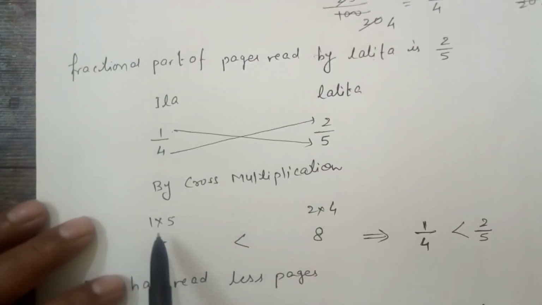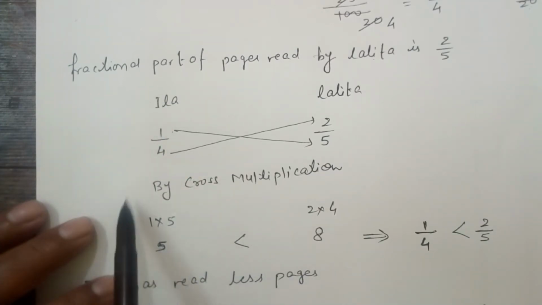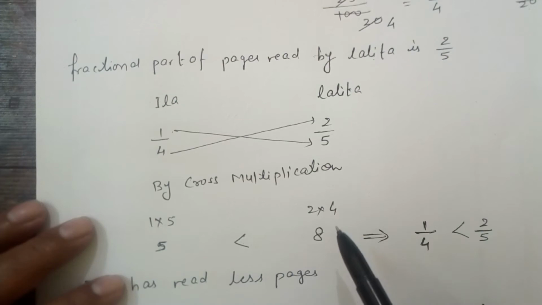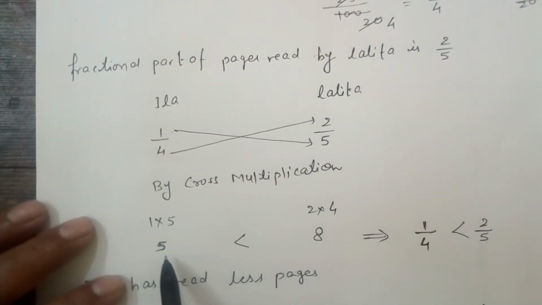After cross multiplication, 1 five is 5 and 2 fours are 8. The meaning is 5 is less than 8. Therefore 5 belongs to Ella and 8 belongs to Lalita, and 5 is less than 8.